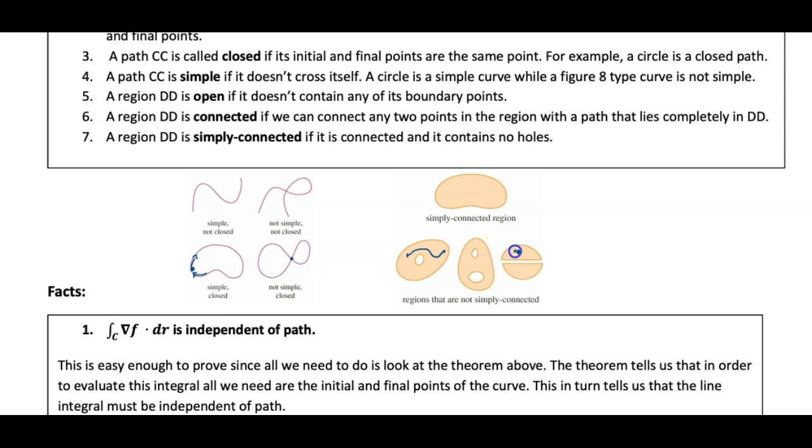But if I have a point here and a point here, there's no way I can connect these while remaining in this region. So this one is actually not connected in general. And as far as simply connected goes, it's simply connected if it's connected and contains no holes. Pretty straightforward there.